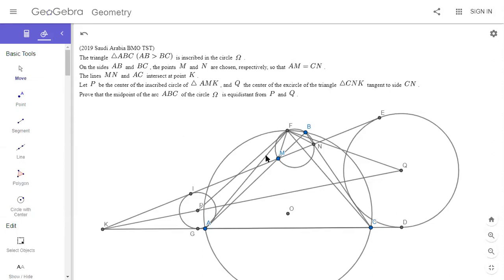Yeah, whenever I see a distance between a point and the center of a circle, I'm always thinking, use power of a point or something. Yeah, what can we say?